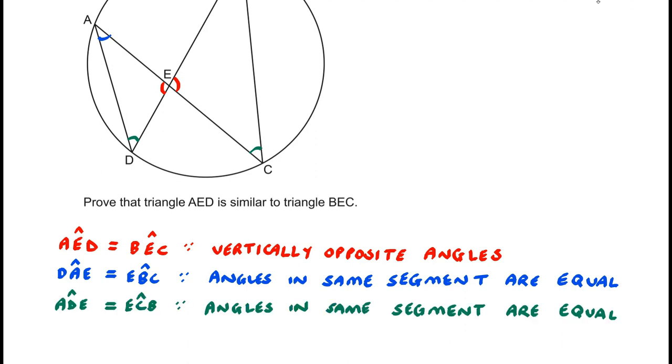So we've got angles in the same segment which are equal. So what we can therefore conclude then is we have the angle rule, which means that the triangles are similar.